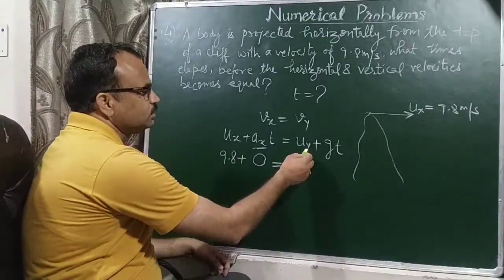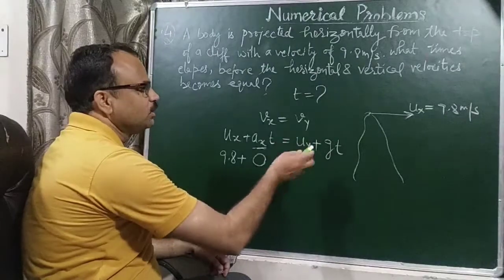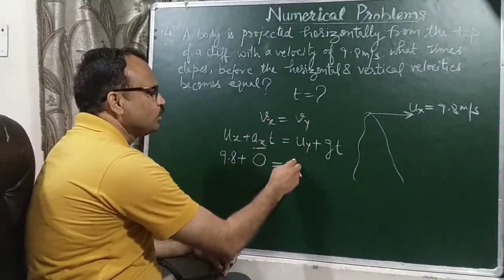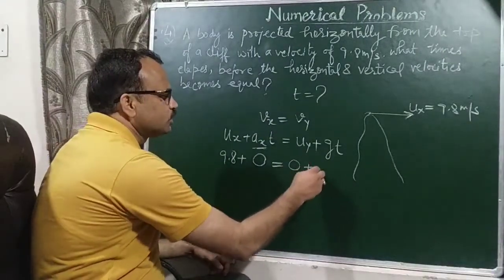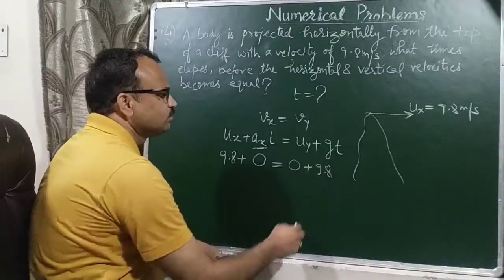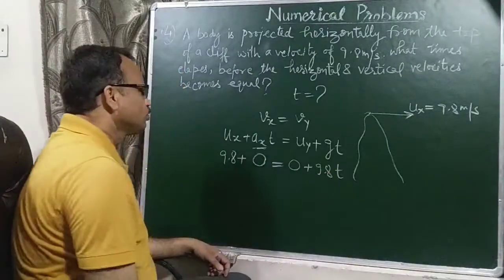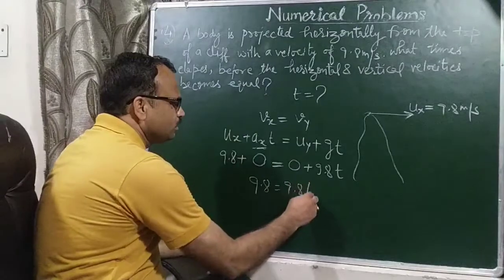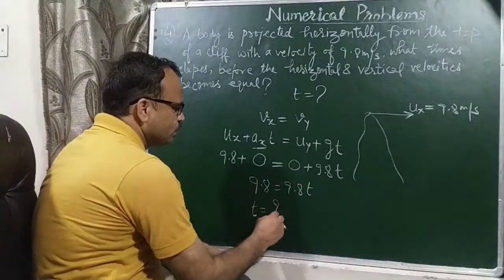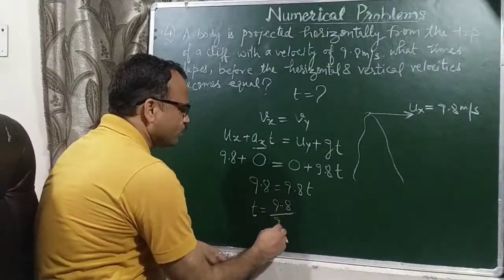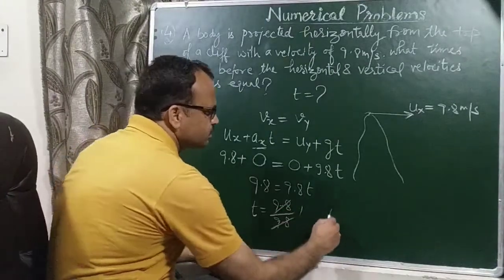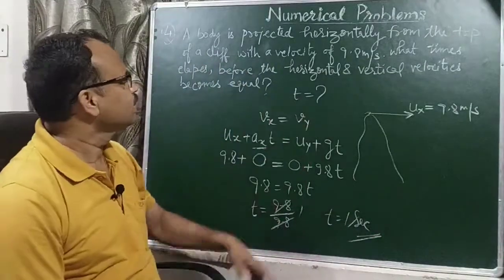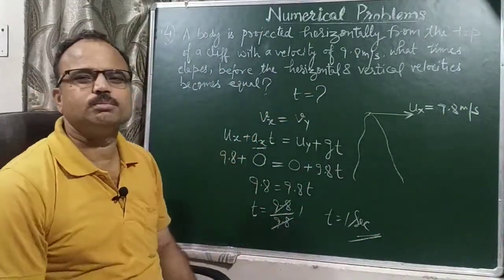Here on the right side, the vertical component of velocity, means we have to throw the body horizontally, means uy equal to 0, and the value of g is 9.8 and t equal to question mark. So 9.8 equal to 9.8 t, means t equal to 9.8 upon 9.8 is cancelled, means t equal to 1 second. So we can say that after 1 second their horizontal and vertical velocity become equal.